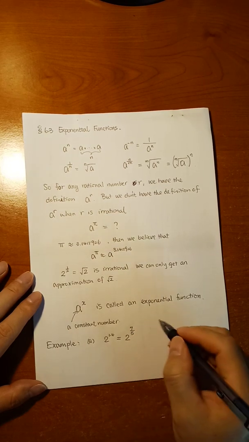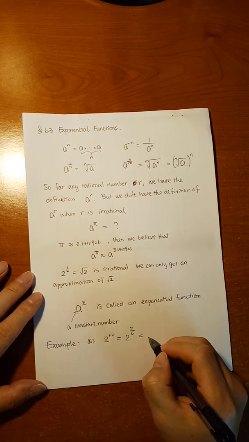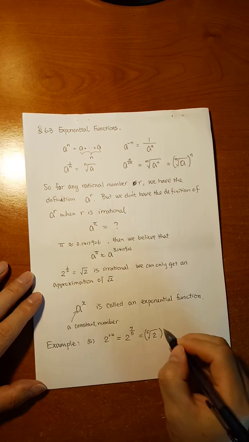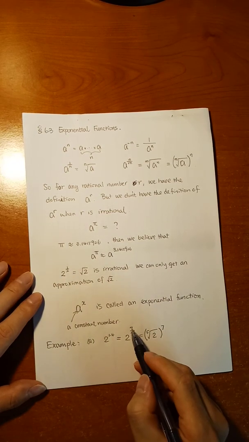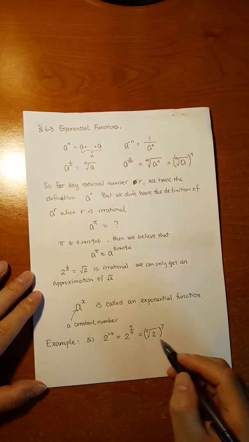So it's 2 to 7 over 5. 7 over 5 means you take the 5th root of 2 and then you take the 7th power, right? The numerator is a power, the denominator is a root. So that's an irrational value.